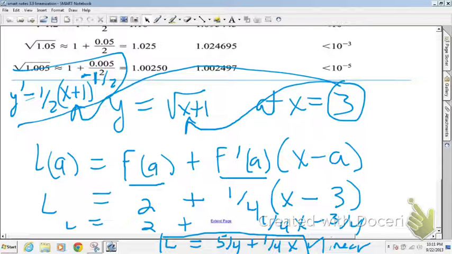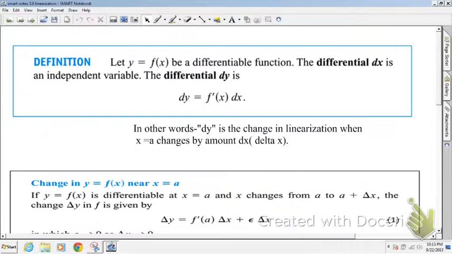Okay, I'm going to hit pause a second. Now I think we're ready to go a little bit deeper, so there's going to be some language and notation here. Let y equals f of x be a differentiable function. Then the differential dx is the independent variable, and the differential dy will be denoted this.